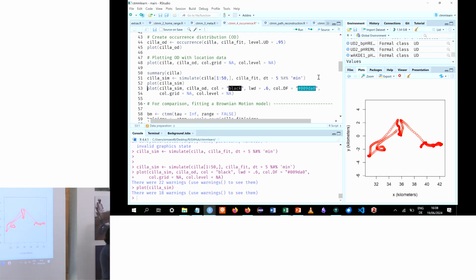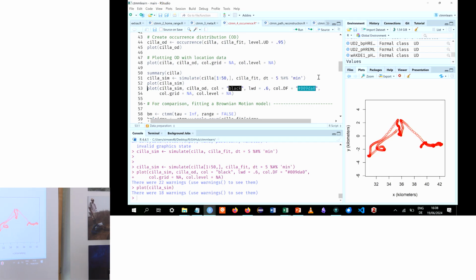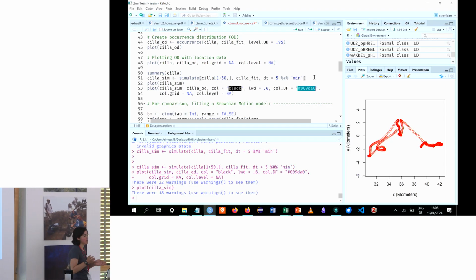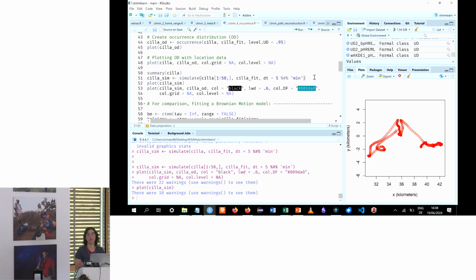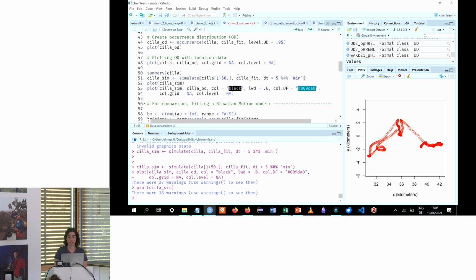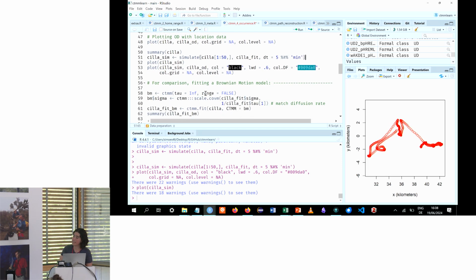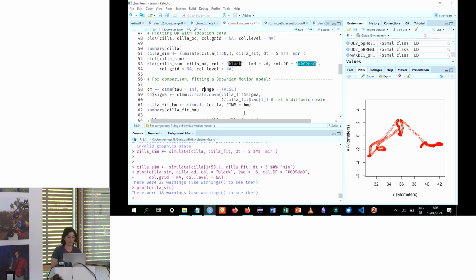Since it started from 1 hour to 5 minutes, there are going to be a lot of these. Even though it tries to incorporate the movement behavior a little bit, there's a point where it can only fill in the gaps so much, and then it's kind of meaningless. But if you're just trying to fill in the gaps a little bit, that's how you would do it.